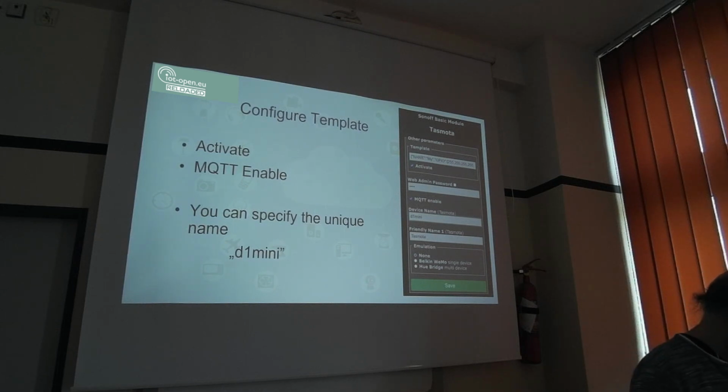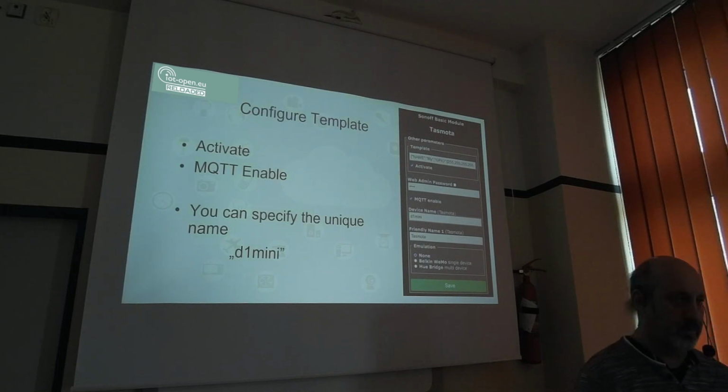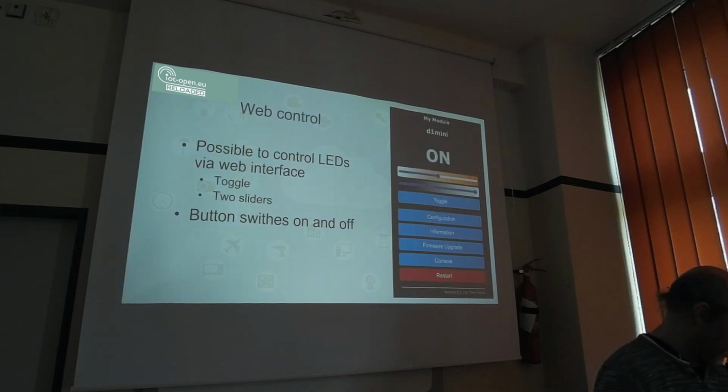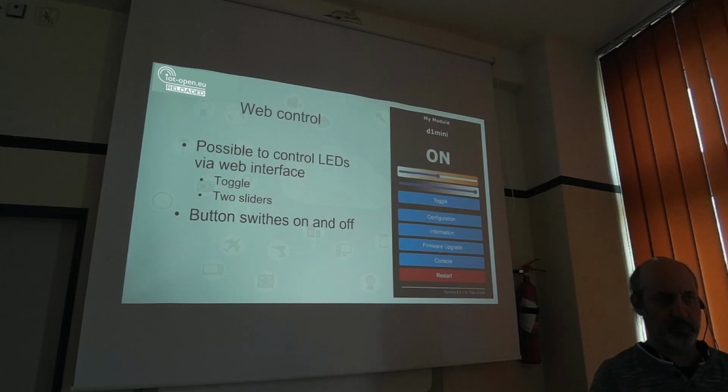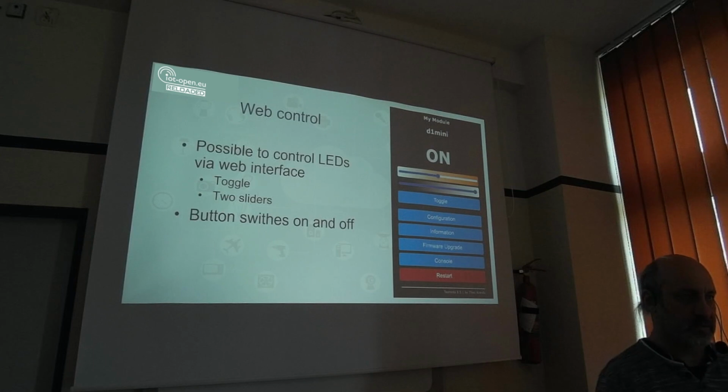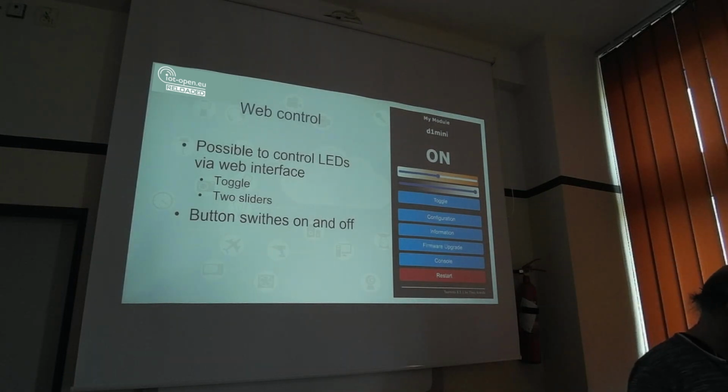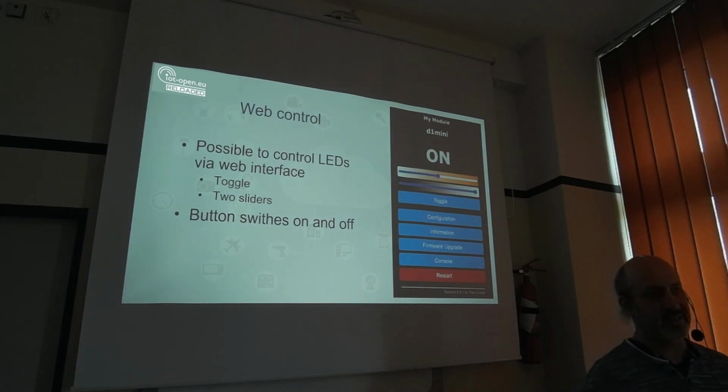You can also specify a unique name, and this unique name will be used as part of your topic. After such simple configuration, where we provide information about what is connected to which pin, we have some controls available on this website. Notice that we have a toggle button and two sliders, and these sliders allow us to change the intensity of the light.